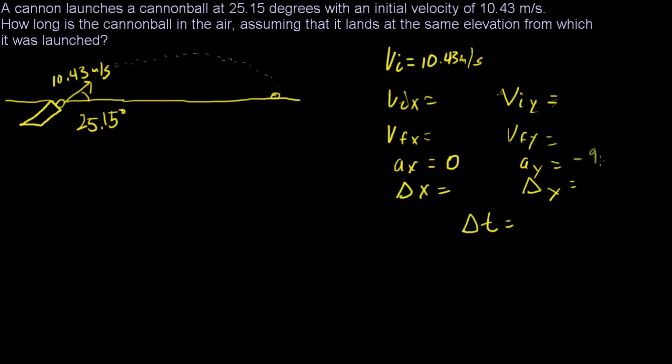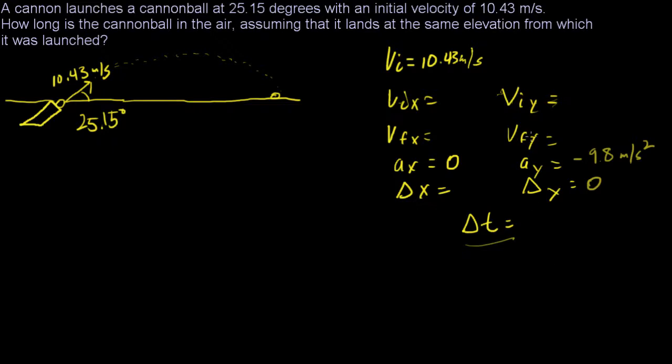It's negative 9.8 meters per second squared. We know the displacement in the y direction. The displacement in the y direction is 0. How do we know that? Because it says it lands at the same elevation from which it was launched. So that means we did not move up and down. Okay, what do we want? We just want time, right? How long is it in the air? Yeah, we just want time. So that's not so bad.